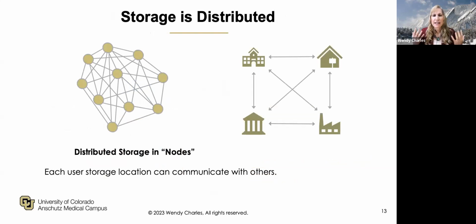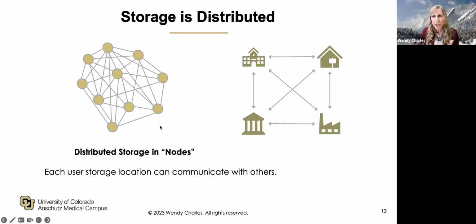So the next and last critical concept of all of the similarities is that storage is distributed. There's no single point of failure, that those ledgers are distributed among many servers. And the servers are called nodes in blockchain parlance, where they all can communicate with each other. Again, so there's no single point of failure.